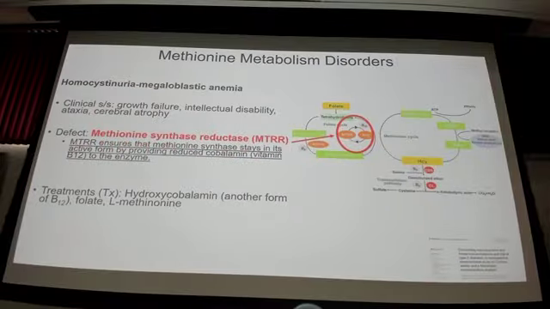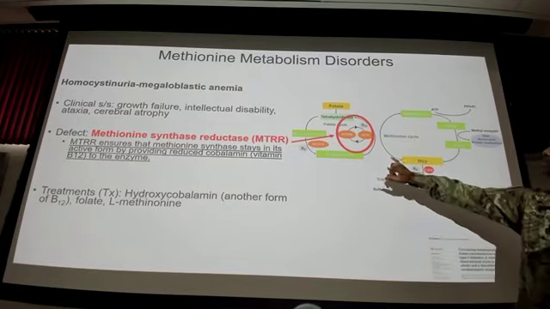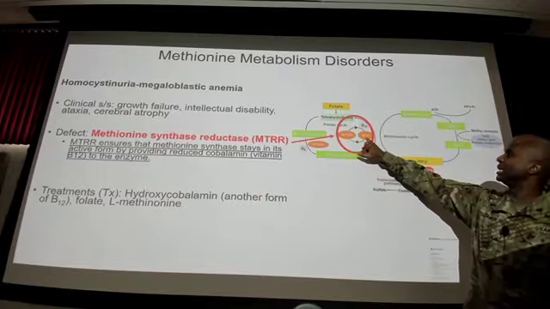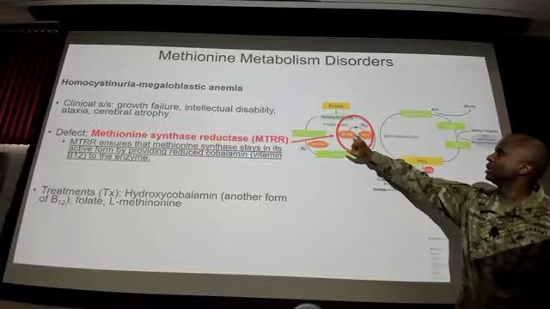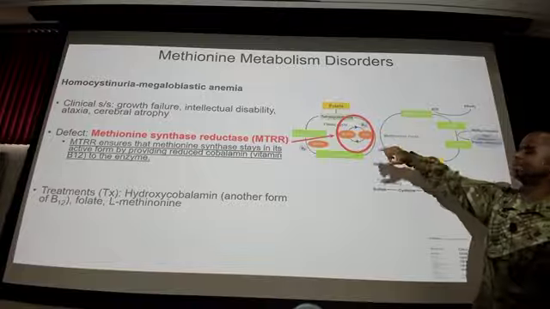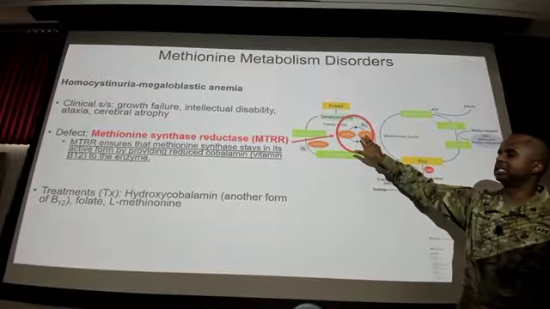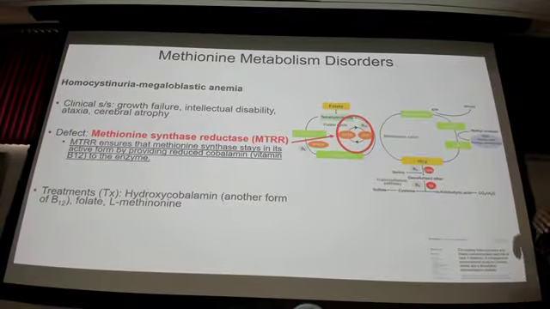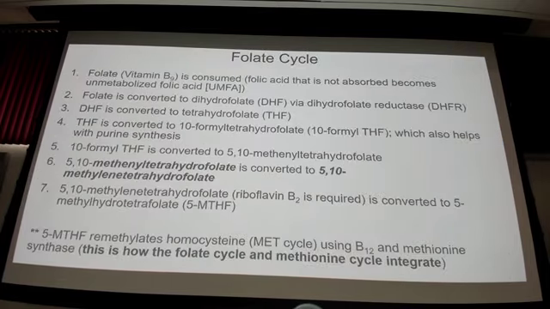MTRR interacts with methionine synthase in order to give it reduced vitamin B12 in order to regenerate methionine. So MTRR and MS are different enzymes. So what is MTR? It's methionine synthase. Okay, so it's the same thing. Yeah, sorry, yes. If you see it on the exam, I'll fix that. It'll be MS. Okay. Thank you. Any other questions?